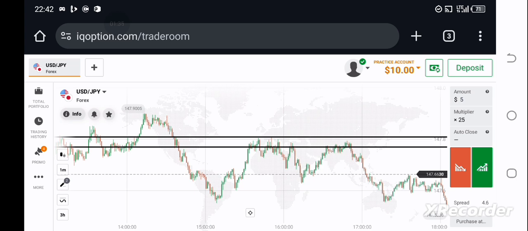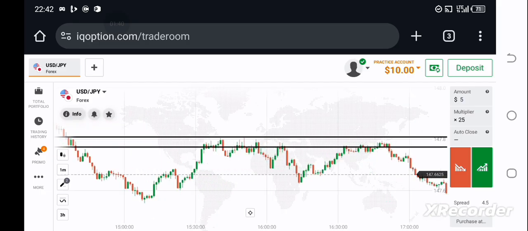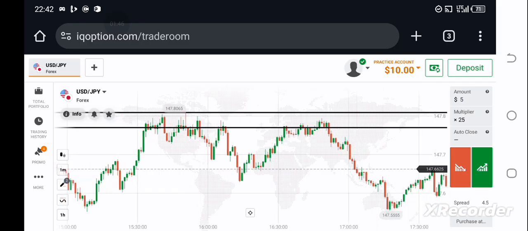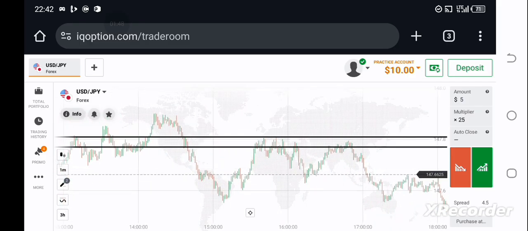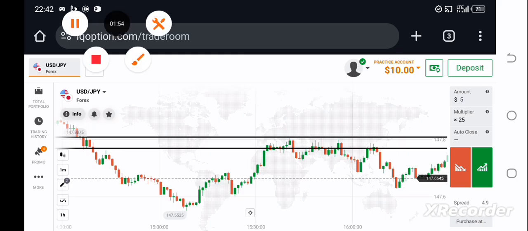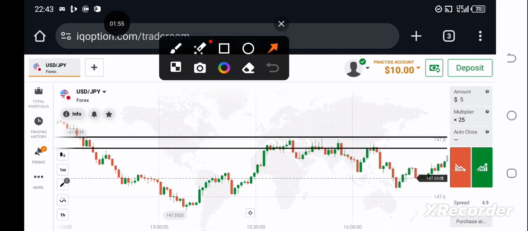But the concept I'm going to show you again is how you can sell with confirmation. So let's say you are in this particular situation and you are seeing this chart at this time. You saw this move here, right?